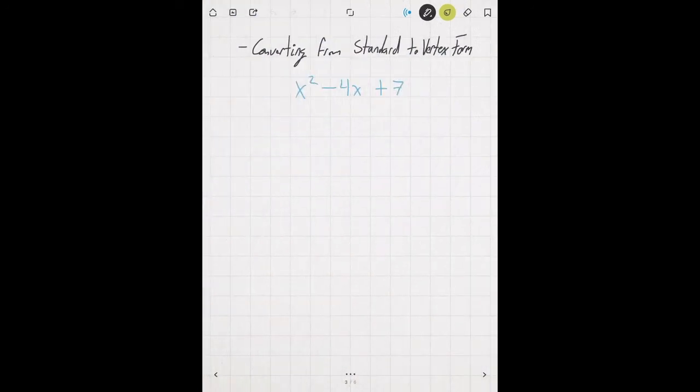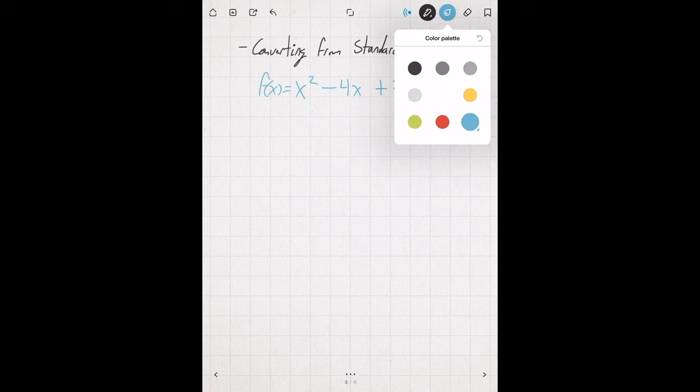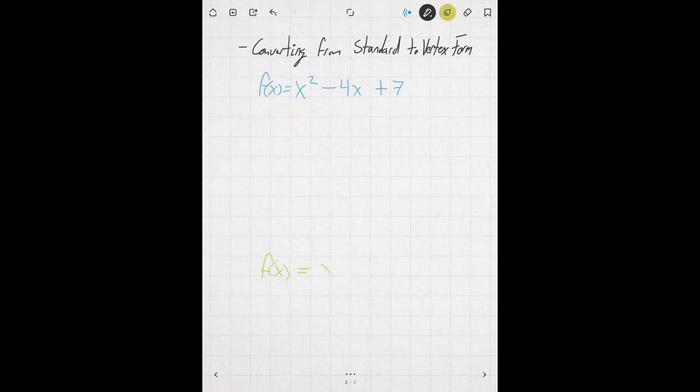Let's take a look at this example right here: x squared minus 4x plus 7. This is a standard form quadratic, and let's make it a function. Let's say f of x equals all of this. Now I want to convert this into the vertex form. I want to turn this into something that has f of x equaling x minus h squared plus k.